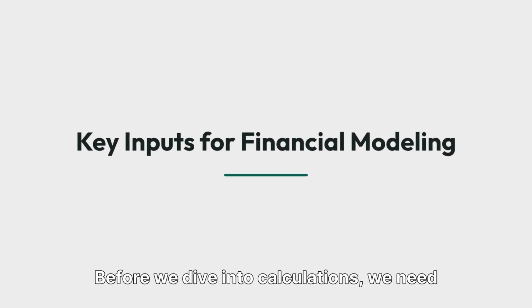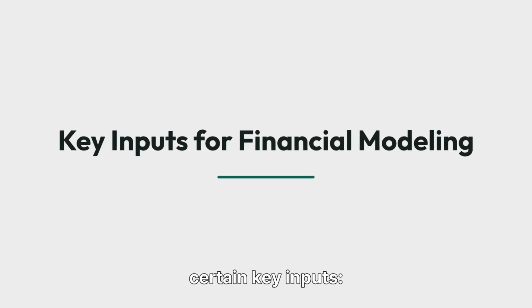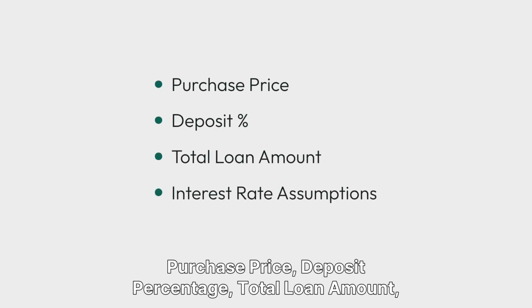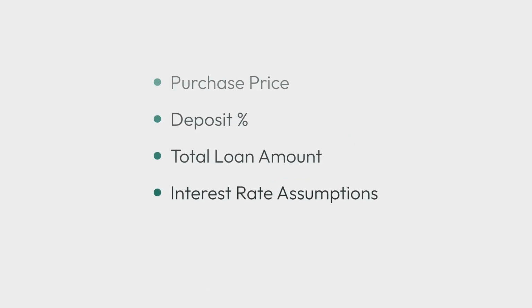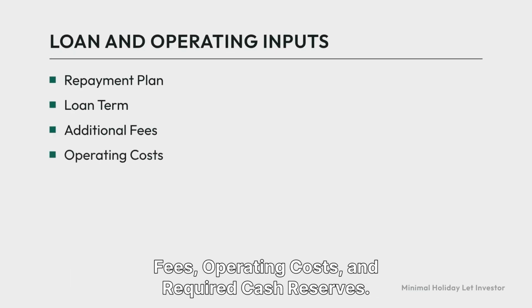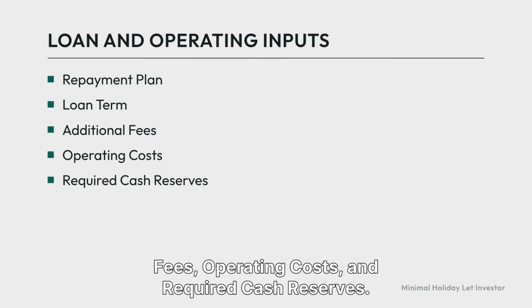Before we dive into calculations, we need certain key inputs: purchase price, deposit percentage, total loan amount, interest rate assumptions, type of repayment plan, loan term, additional fees, operating costs, and required cash reserves.